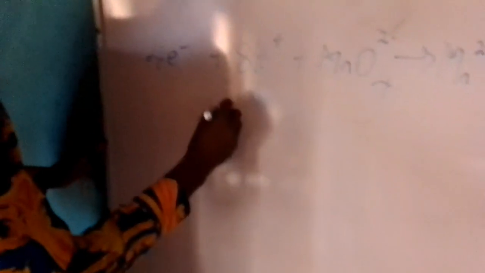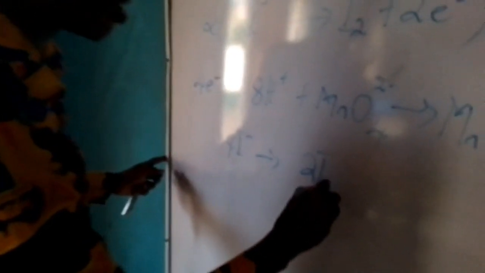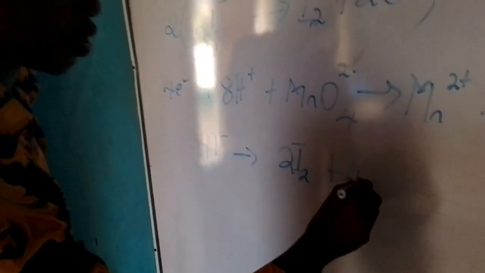And 2 times this is going to give us also 2 hydrogen molecules. 2 times this is going to give us 4 electrons. So you can see that the number of electrons lost is the same as the number of electrons gained. So that is how it is.